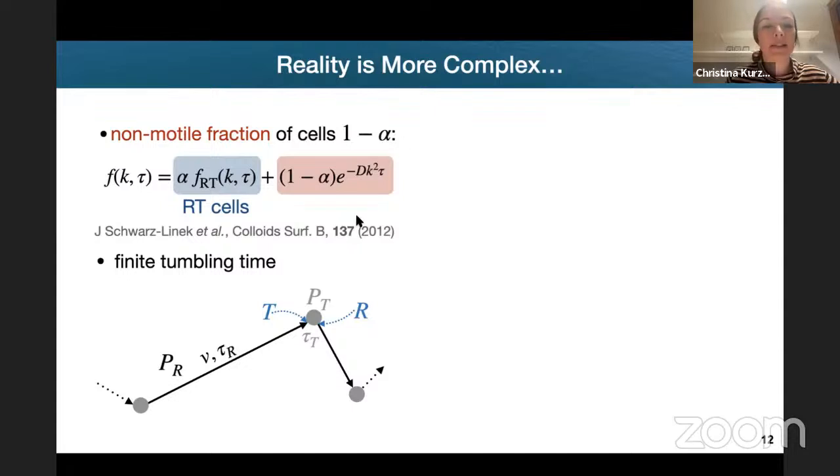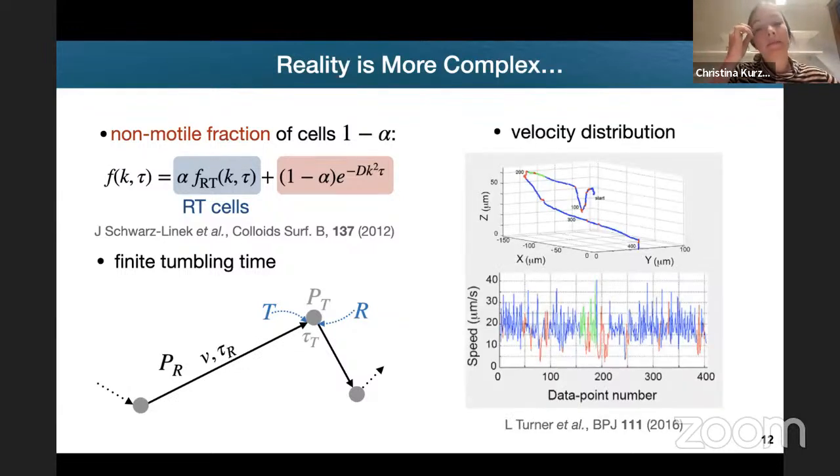So they don't tumble instantaneously. What that then means is that we have to include the tumbling process in the equation that I've shown you before. During the tumbling process, we would assume that the cells are diffusing. And finally, it has been observed in single-cell tracking experiments that E. coli cells actually exhibit a large velocity distribution.